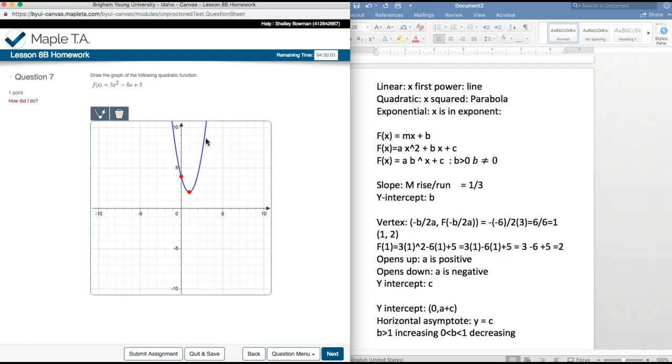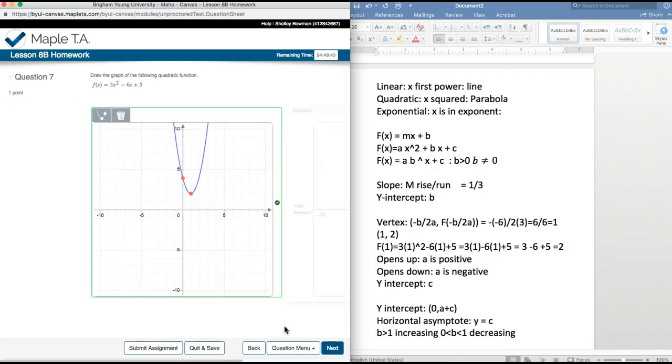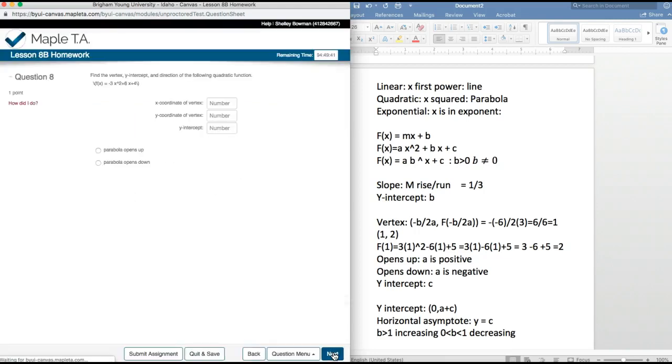It's just a weird Maple TA thing. Even though we had those graphed before, because I did them backwards, it flipped it around. Anyway, so that one looks good. And if you're not sure, I always check, make sure that it's opening the right direction. And that was one way to make sure. Okay, it's always nice to see that little green check mark.